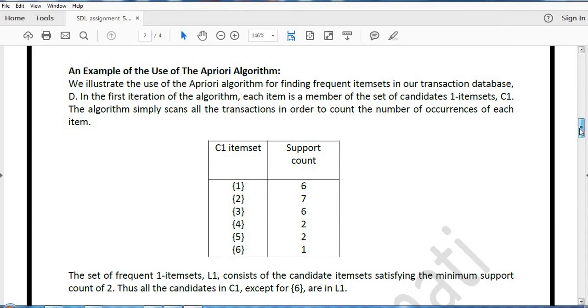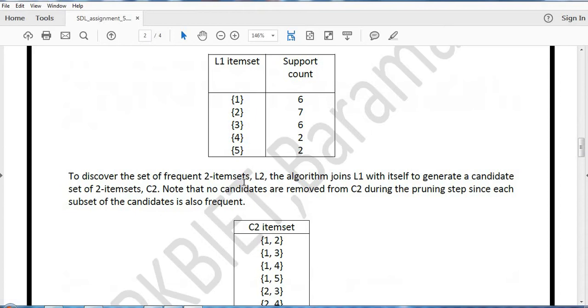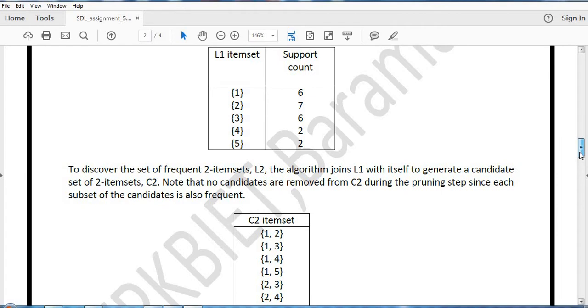The example is already given here. This is an item set C1 with the support count. It indicates that item number 1 appears 6 times, item 2 appears 7 times in the total transactions. Now when we combine these into 2 item sets, we need combinations like 1 2, 1 3, 1 4, 1 5, and the other combinations.